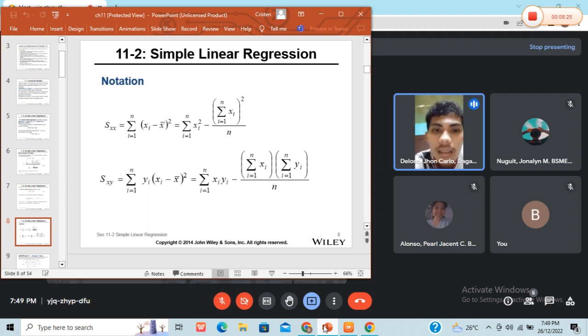And S sub xy is equal to the summation of y sub i times the quantity x sub i minus x bar, which is equal to the summation of xy minus the summation of x multiplied by the summation of y divided by n.